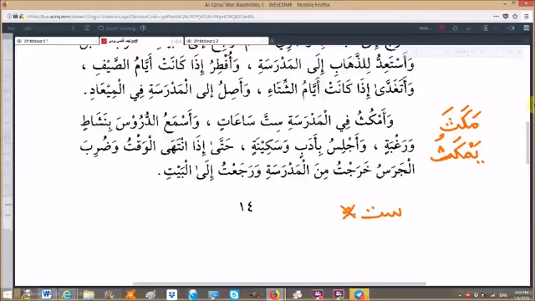If the word we were talking about here was masculine, for instance kutub, sittatu kutub, because kitab is masculine, right? So I would say sittatu kutub. But here, it's sa'at, it's feminine, the plural of sa'a, hour.